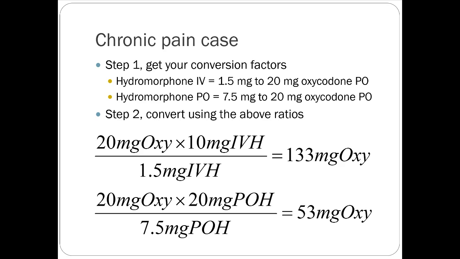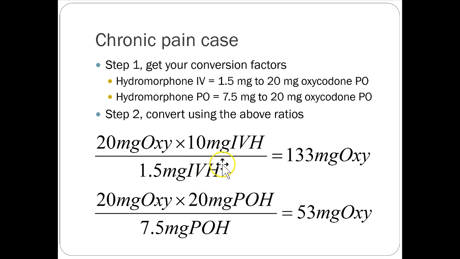So step one is to get your conversion factors, and on the exam I won't give you a chart with conversion factors. For each problem I'll actually give you the conversion factor in the problem, so it should make things pretty clear as far as what you're supposed to use. And then from there it's really simply canceling some units. So you're going to take your conversion factor, 20 milligrams of oxycodone orally, equivalent to 1.5 milligrams of IV.